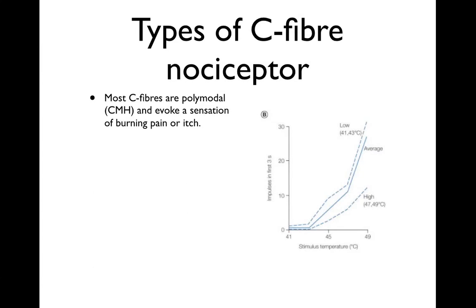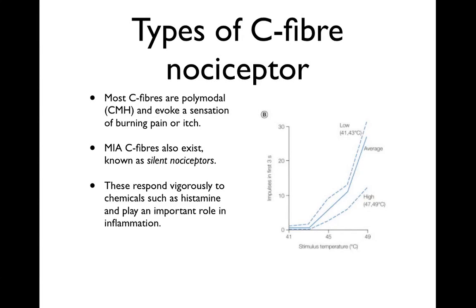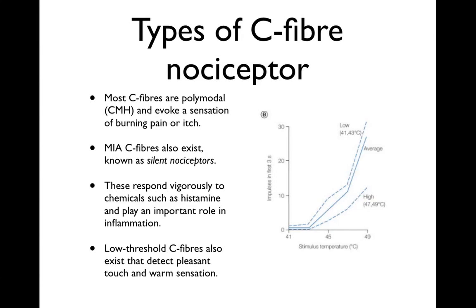We call them CMH, which is C mechanical heat, and they evoke a sensation of burning pain or itch. We also get these mechanically insensitive afferents, known as silent nociceptors, and similarly with the A fibers, they respond vigorously to chemicals such as histamine and play an important role in inflammation. And again, just to remind you, we have these low threshold C fibers that exist that detect pleasant touch as well as warm sensations, so non-noxious heat.